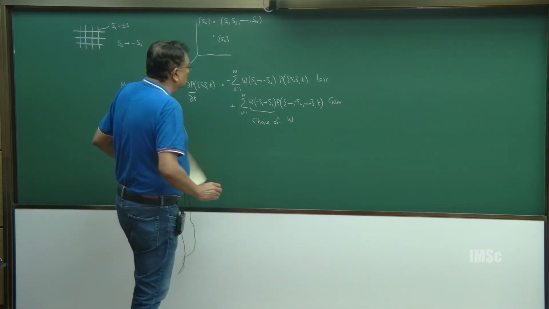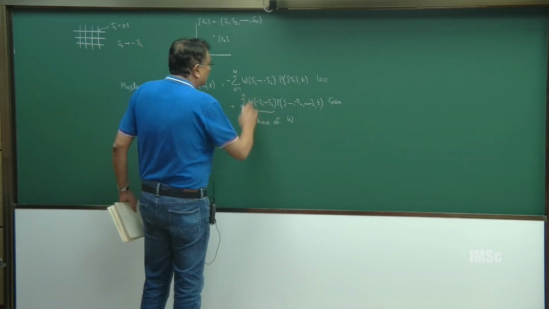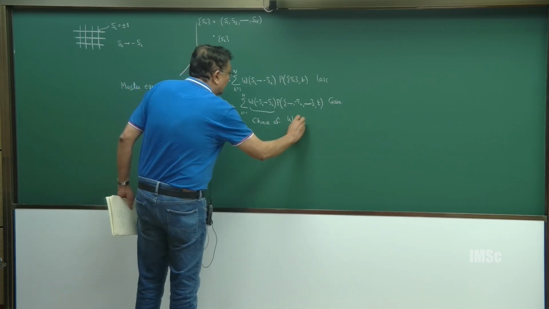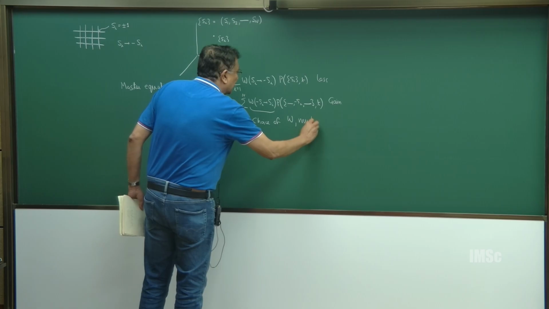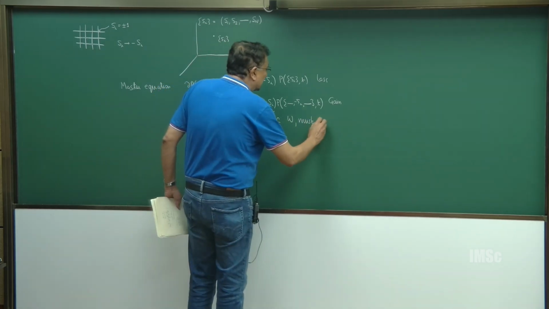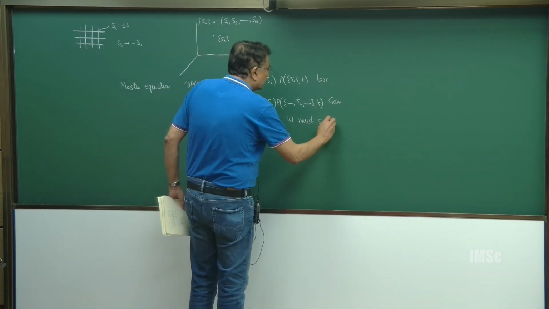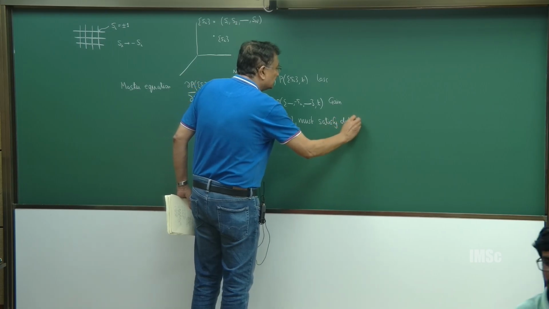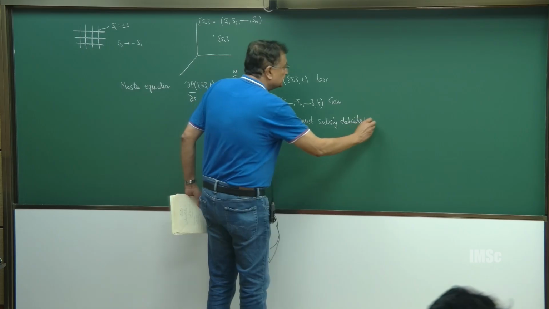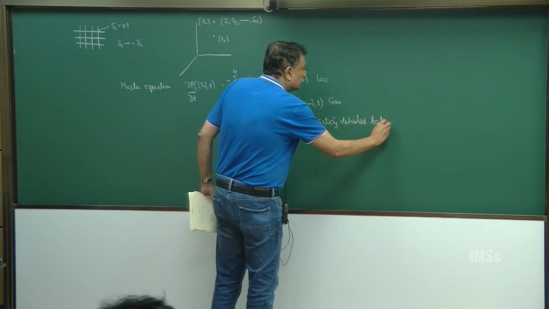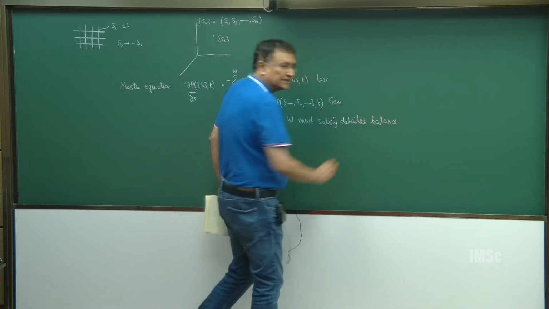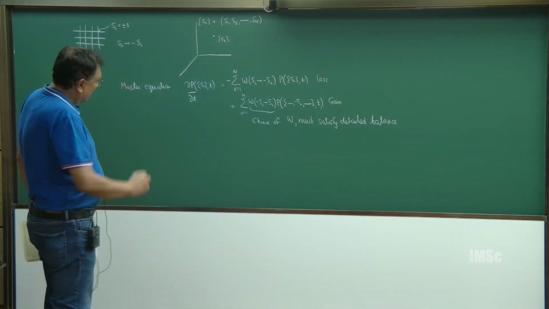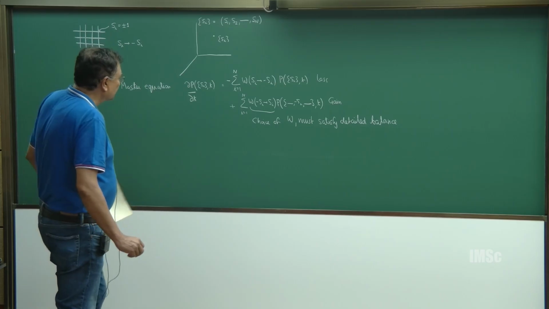So, how do you go from one configuration to another configuration? W must satisfy what is called a detailed balance condition. So let me write down the detailed balance condition in a general manner, and then I'll make it more specific later.